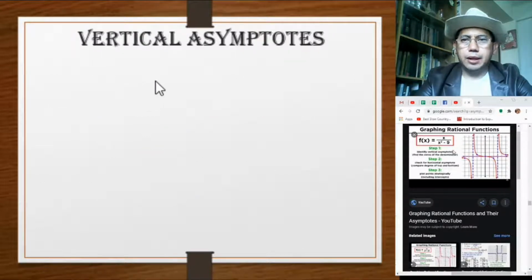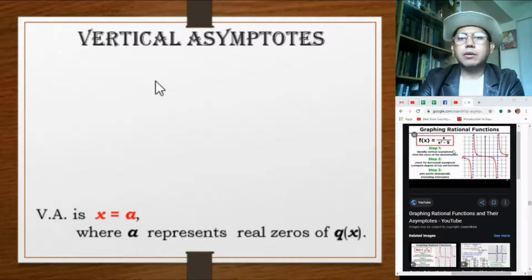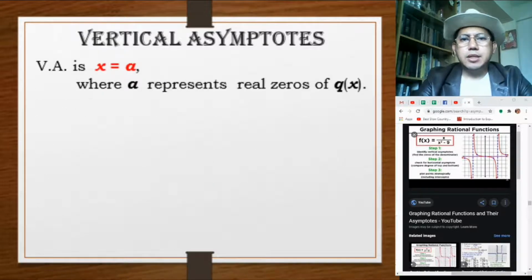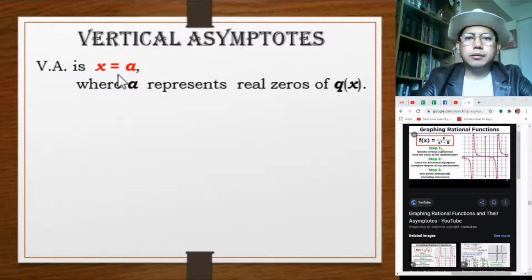Continuing the vertical asymptote. The vertical asymptote is at x equal to a, where a here represents the real zeros of q of x. What is this q of x? It is actually the denominator of the rational function.